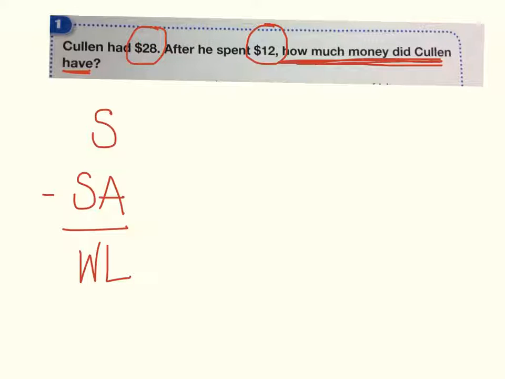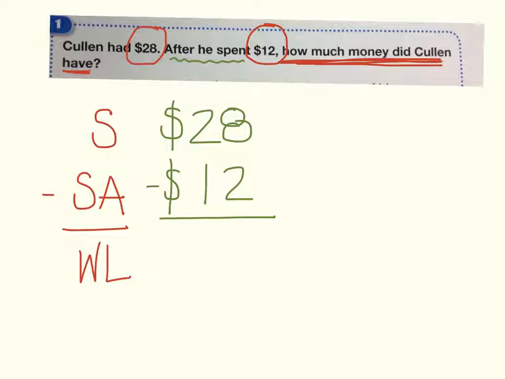Hopefully you would say he started with $28, so that's the sum he had. After he spent $12, well, the $12 would be the sum that went away. And how much money did he have left? That would be what is left.